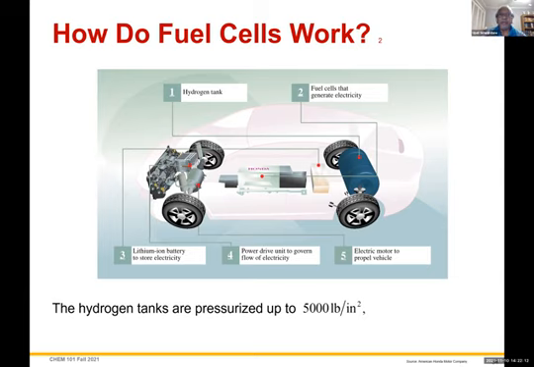Therefore, it's a kind of fuel cell with two cells, one is the lithium ion battery and the fuel cell battery. The hydrogen tanks are pressurized up to 5,000 pounds per square inch. There are gas stations that contain hydrogen pumps. A lot of them are in California.